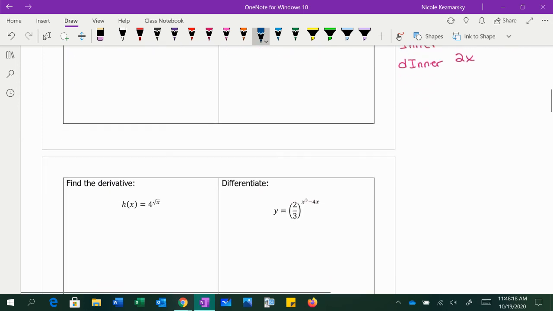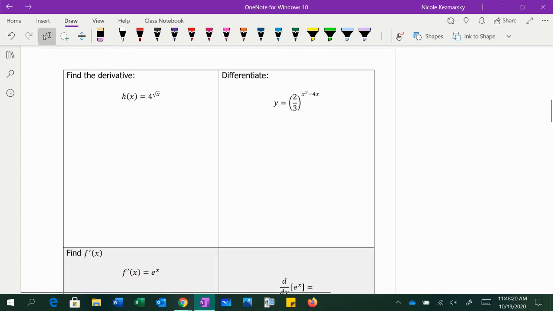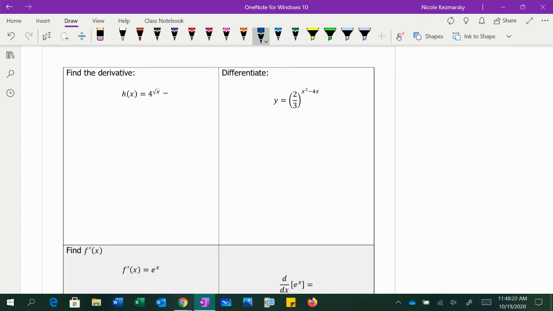Okay. The next one has a root, so we have to do a little rewrite. We have to make this 4 to the x to the 1/2. So again, I'm going to say h prime of x. I'm going to copy this over, so 4 to the x to the 1/2, natural log of 4. And then I'm going to take the derivative of x to the 1/2.